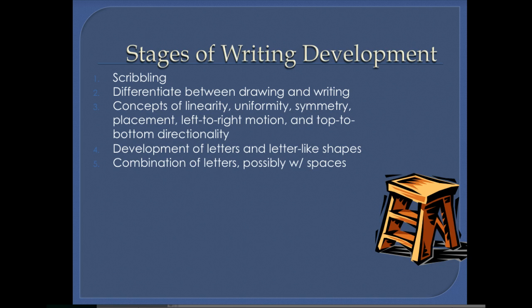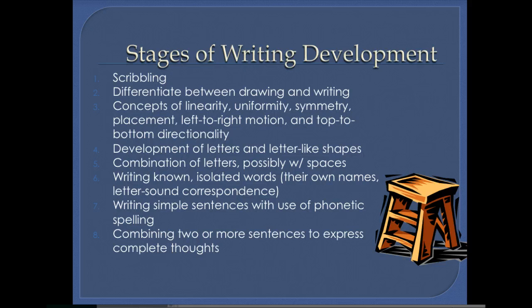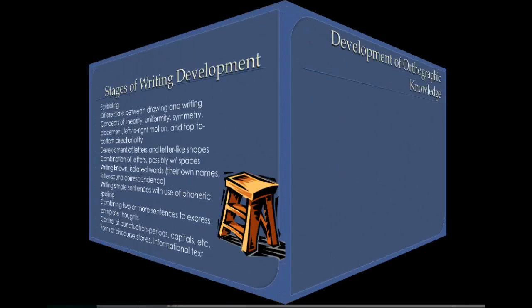Combination of letters, possibly with spaces. Writing known isolated words, their own names, letter sound correspondence. Writing simple sentences with use of phonetic spelling. Combining two or more sentences to express complete thought. Control of punctuation, periods, capitals. Form of discourse, stories, informational text.